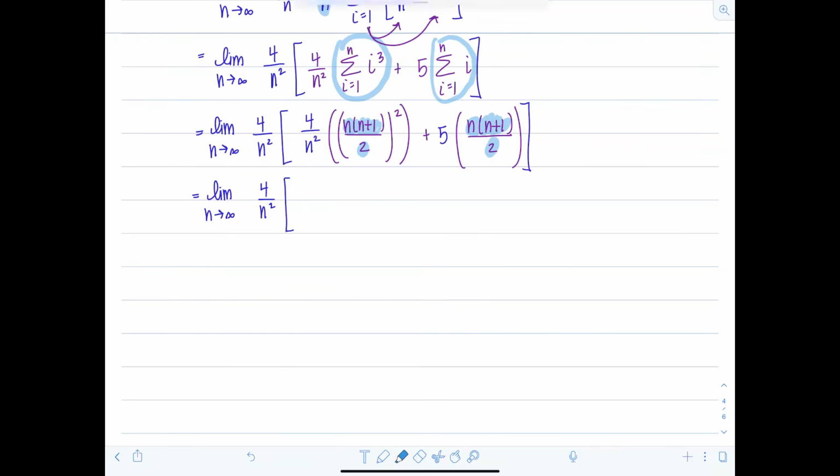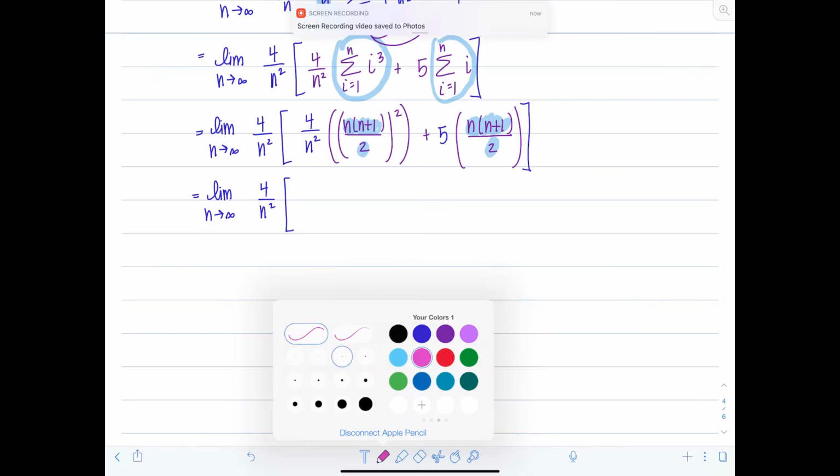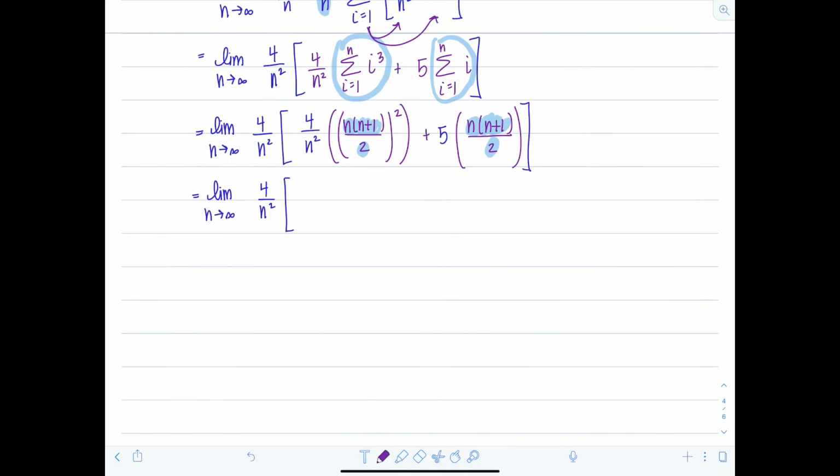So I'm going to have n times n plus 1 over 2 times, well, what's left over here? I'm going to have 4. I still have an n times n plus 1, because remember it was squared in this term. So n times n plus 1 over 2n squared, plus, now just 5 is left over in the next term.